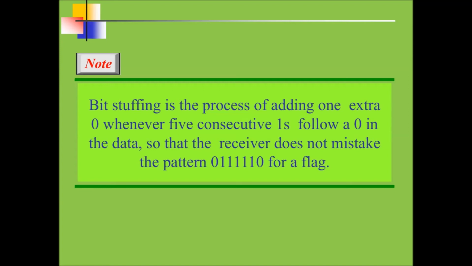So to differentiate between flag and data or frame, it is necessary to add 0, meaning to add 0 in the end of data or frame. So this differentiates between flag and data. So bit stuffing is used for differentiation between flag and data.